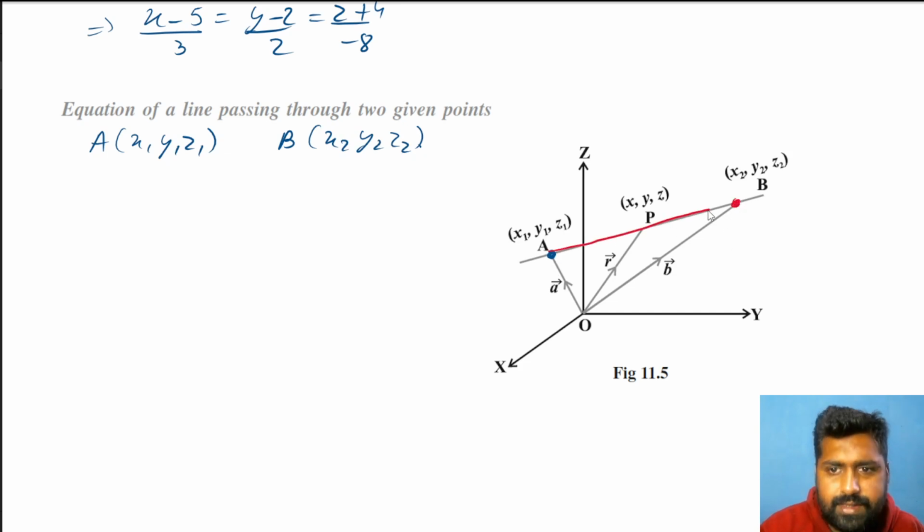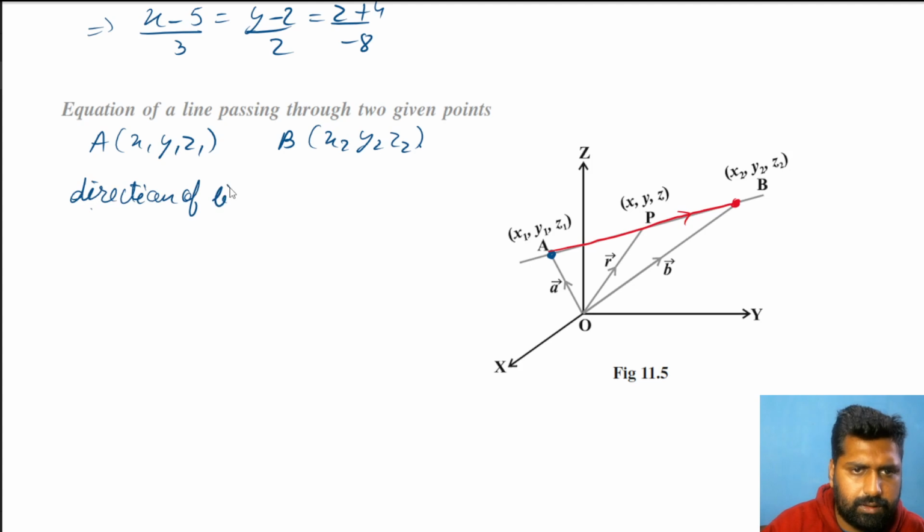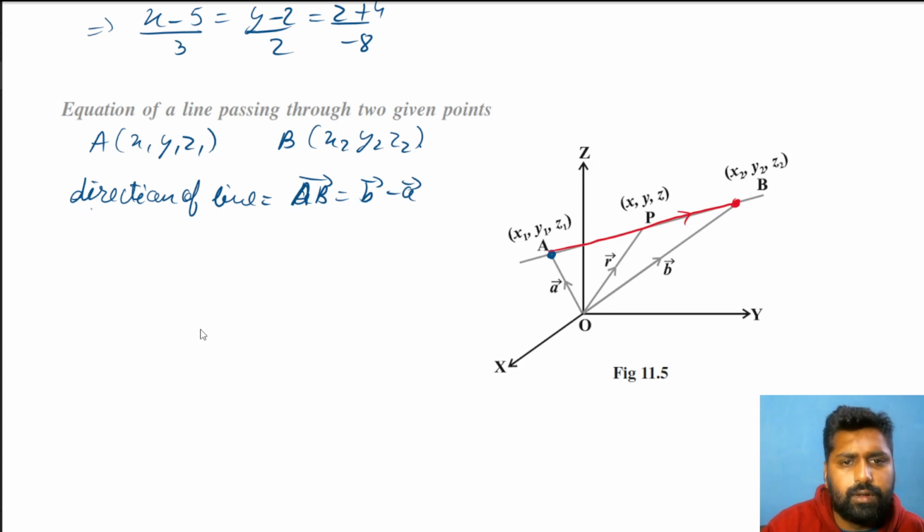I can say direction is from A to B. So I can say the direction of the line is the AB vector, which is basically B vector minus A vector, position wise. The position vector of B minus the position vector of A. AB vector is B minus A.